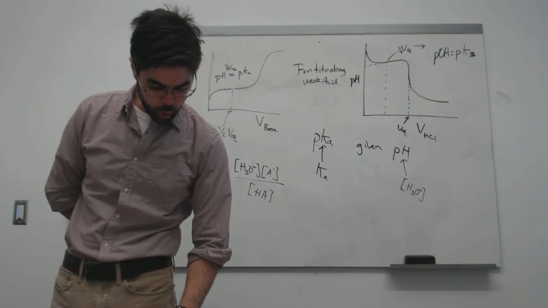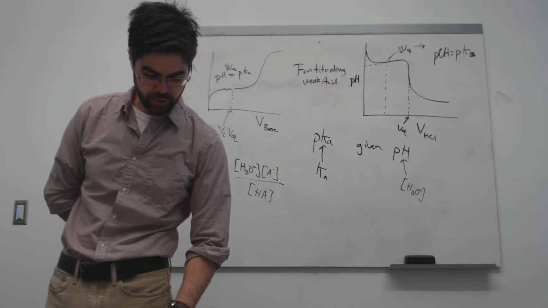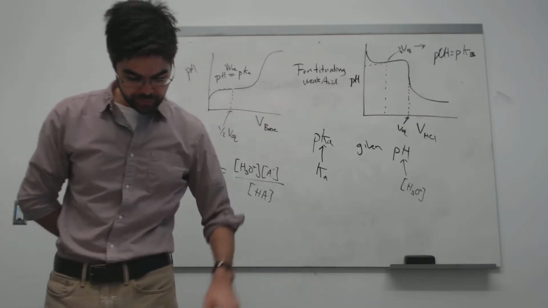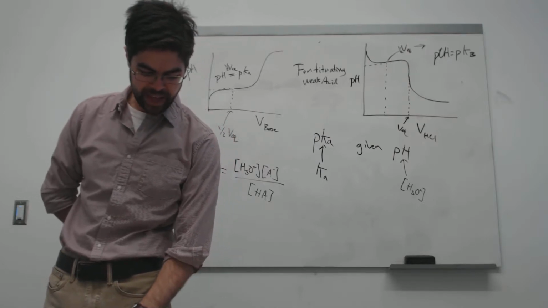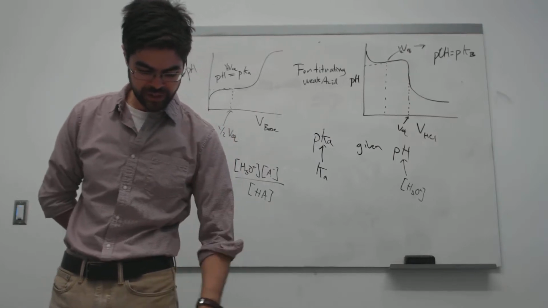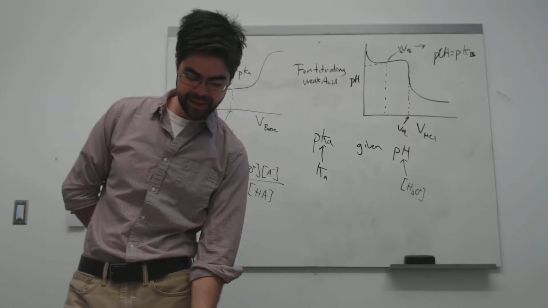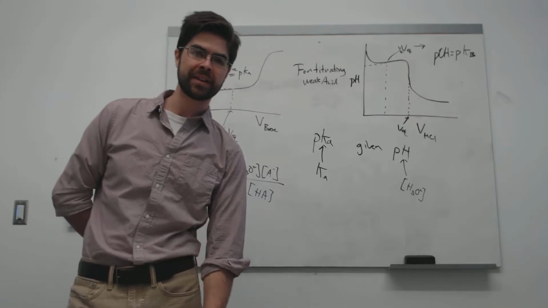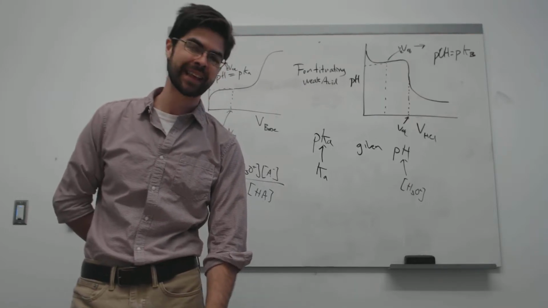At the equivalence volume of a weak acid titration with a strong base, so one like this, you said it behaves like a base, but does that mean it is basic or just slightly basic? You know, I would say I don't make any distinction between saying something is basic versus something is slightly basic.